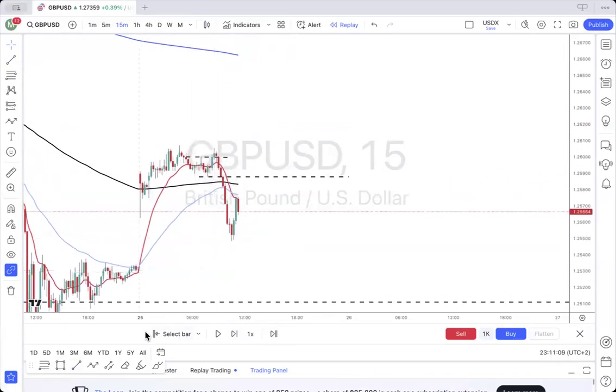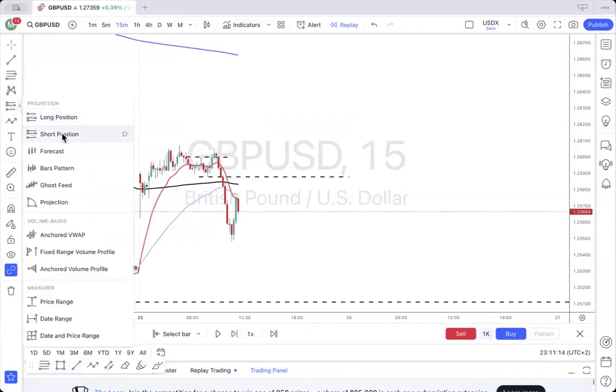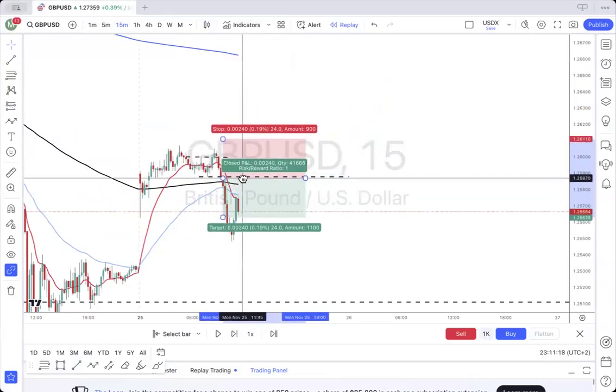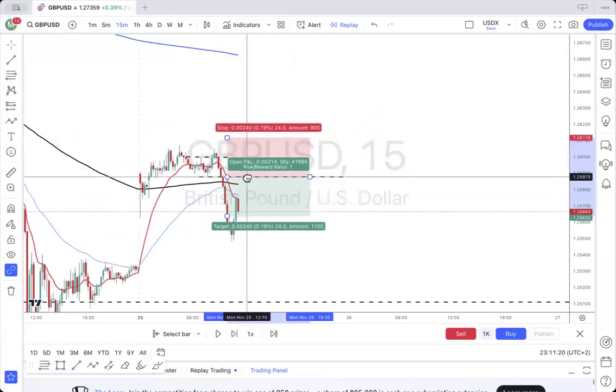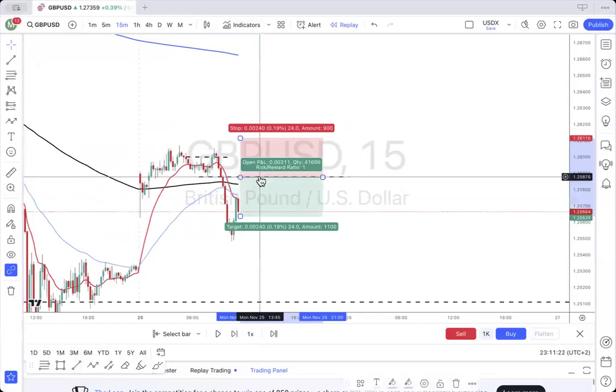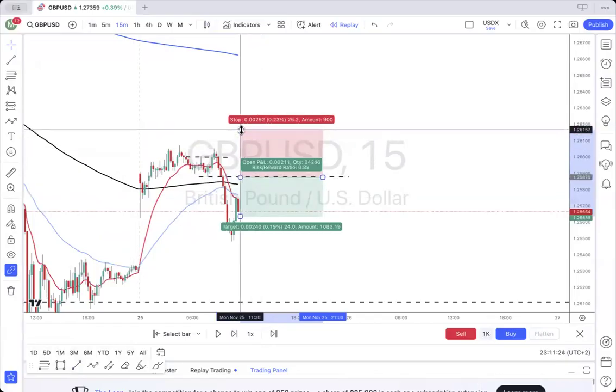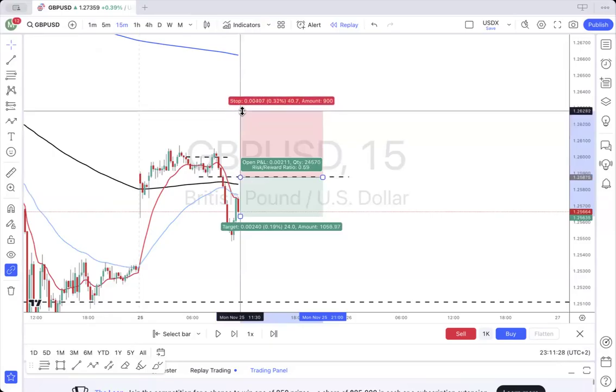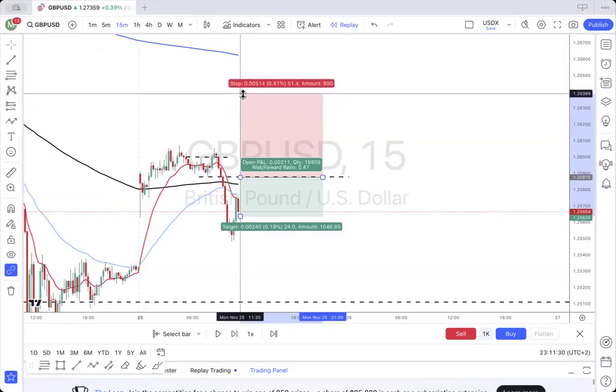Now let's put the short position. This is where I said your entry is going to be, and this is where I said your stop loss was going to be, 126. I think it was 126,450 or 150.